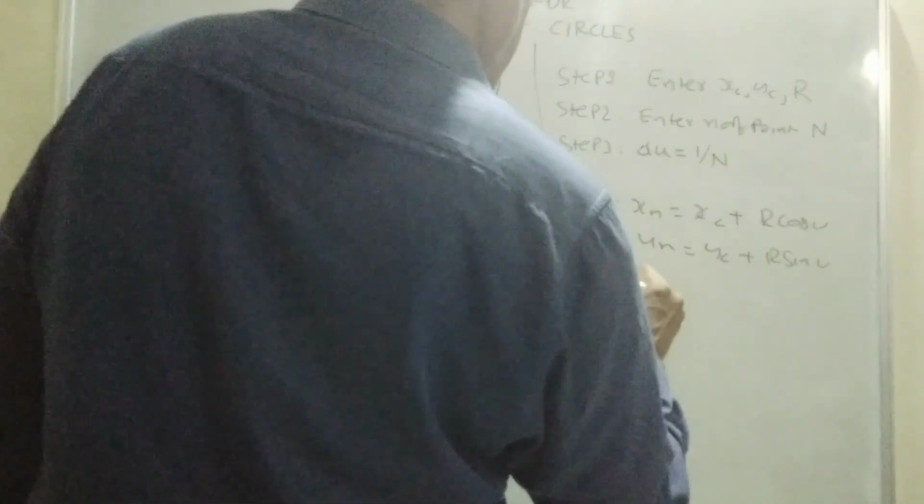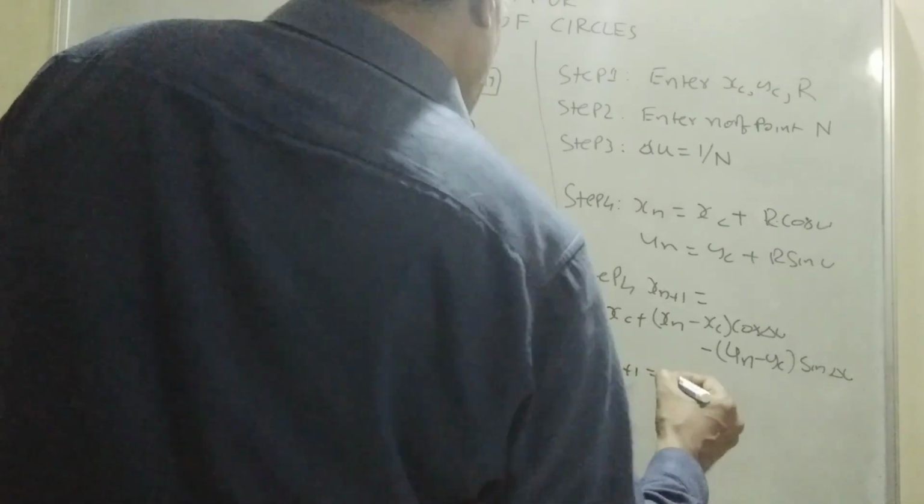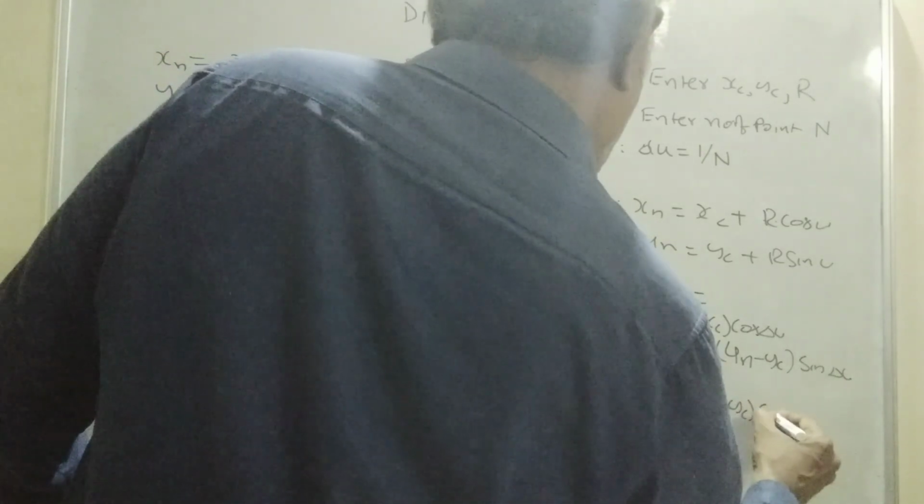Step 4, xn plus 1 here we can write is equal to xc plus (xn minus xc) into cos delta u minus (yn minus yc) into sin delta u. yn plus 1 is equal to yc plus (yn minus yc) into cos delta u plus (xn minus xc) sin delta u.